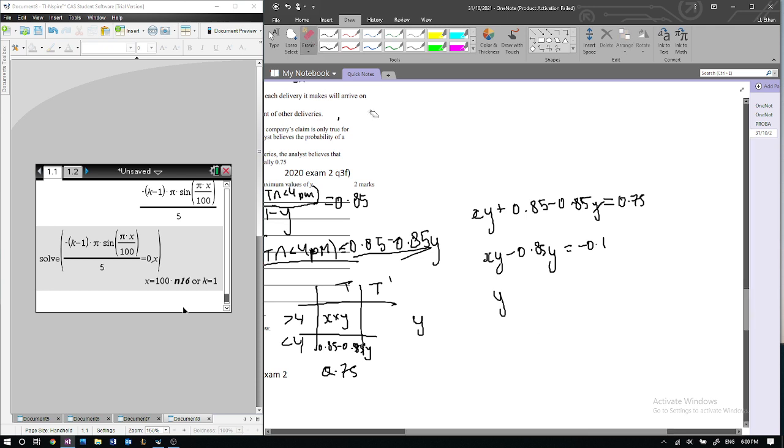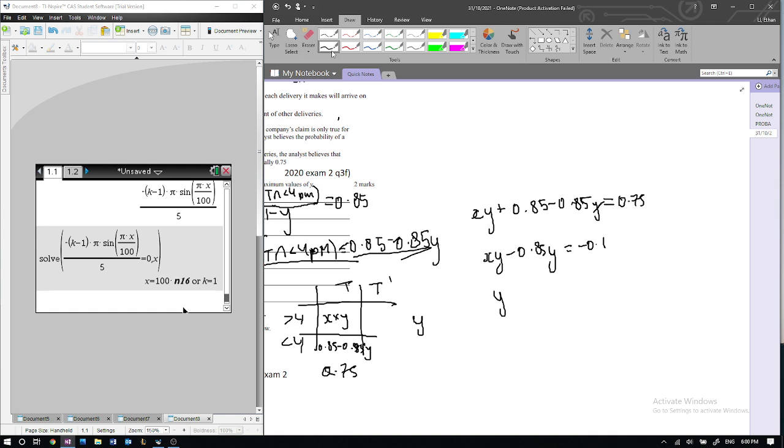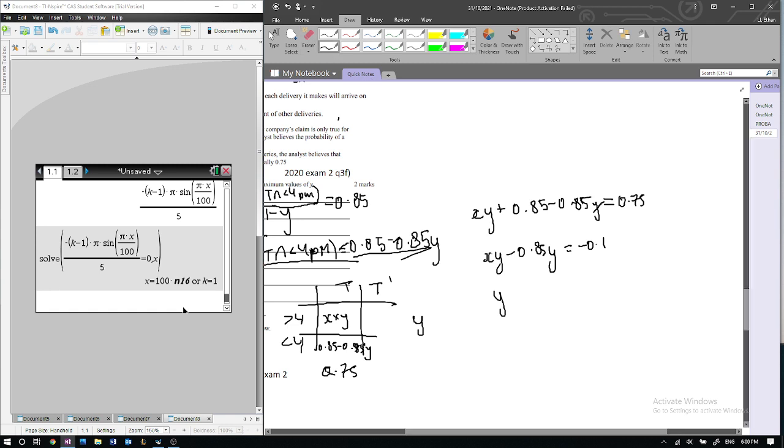Okay. y times (x minus 0.85). I took out y as a common factor. Then I get this equation.